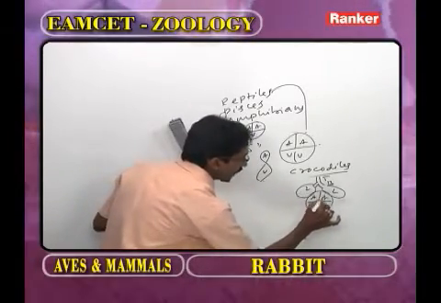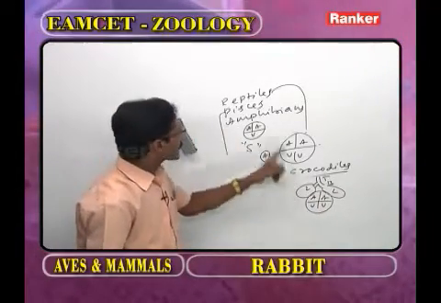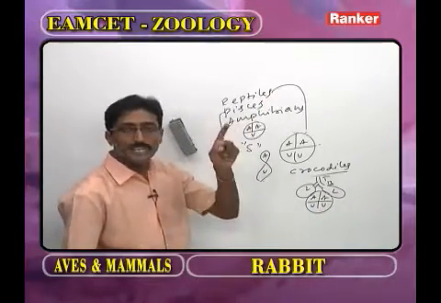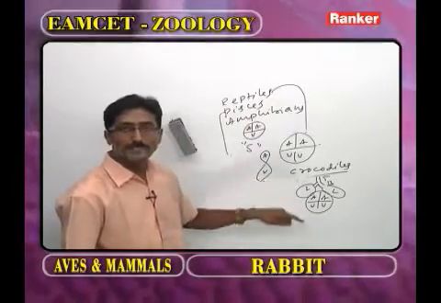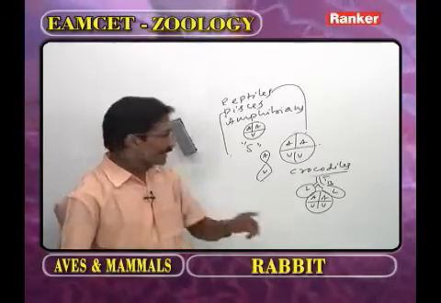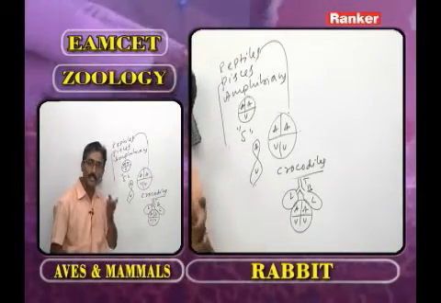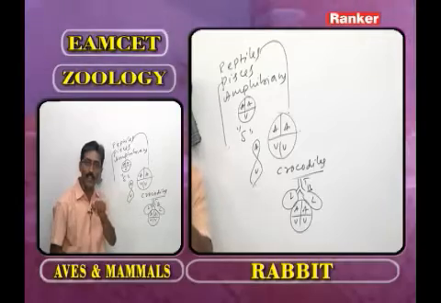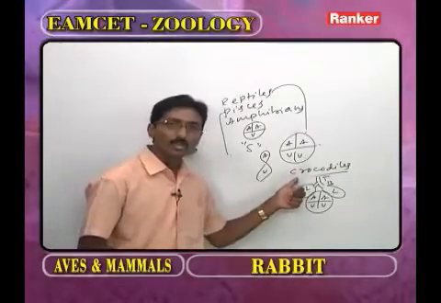Now the 2 auricles and 2 ventricles. The crocodiles, nothing but reptiles, they are poikilothermic. In the reptiles, this is the only exception, 2 atria and 2 ventricles. That means a 4-chambered heart like that of aves and mammals, where a completely 4-chambered heart first developed, crocodiles.